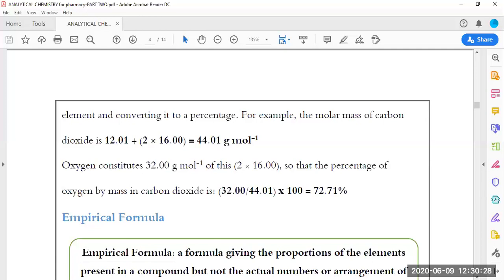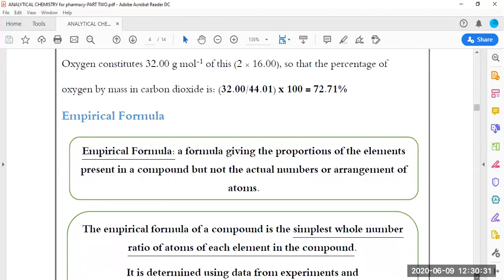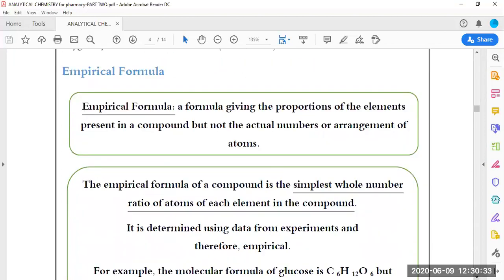Move to the empirical formula. So what do we mean by empirical formula? We're giving you some definitions that might help you understand. Empirical formula: a formula giving the proportions of the elements.